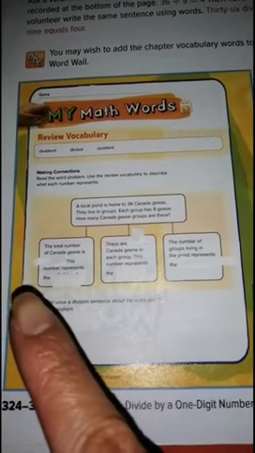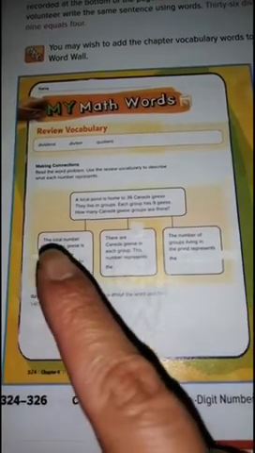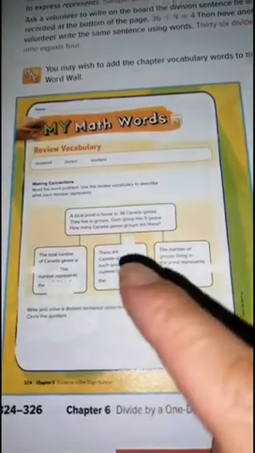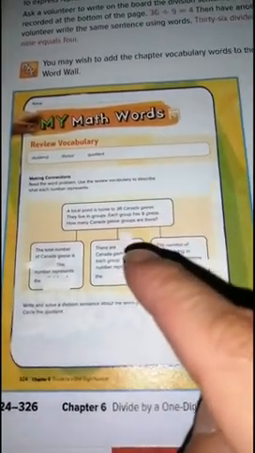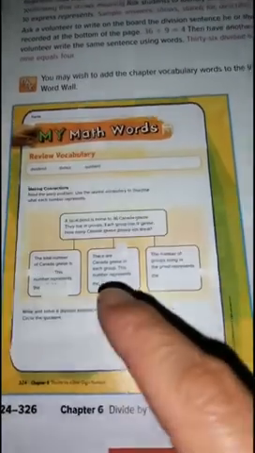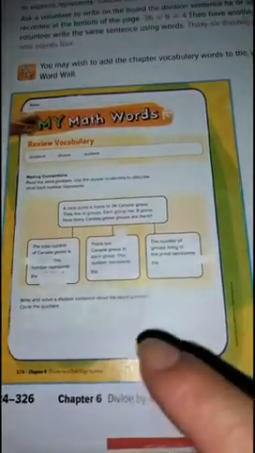The total number of Canada geese is, you are going to write the answer of the division. This number represents the, choose dividend, divisor, or quotient. There are, you are going to write the number here, Canada geese in each group. This number represents the, you are going to choose dividend, divisor, or quotient.